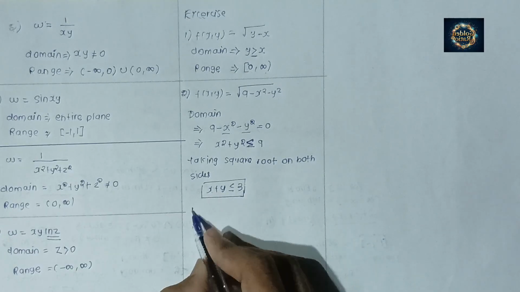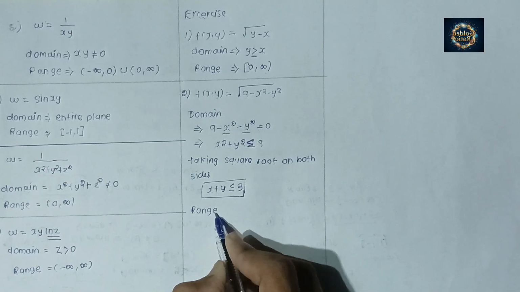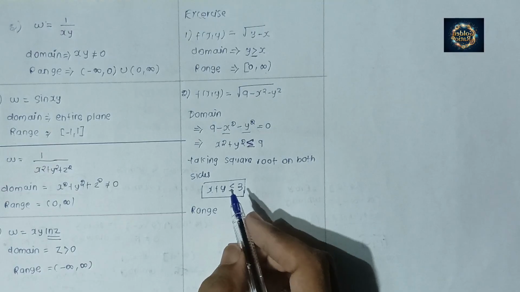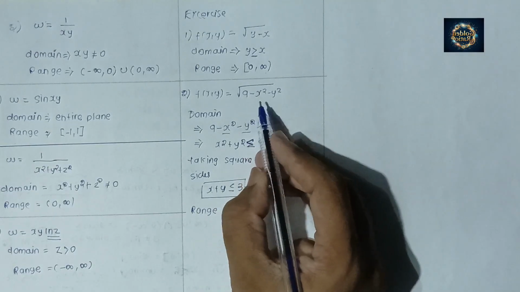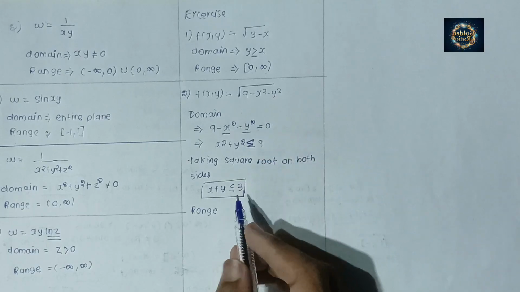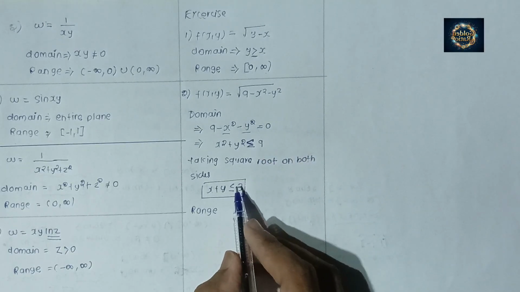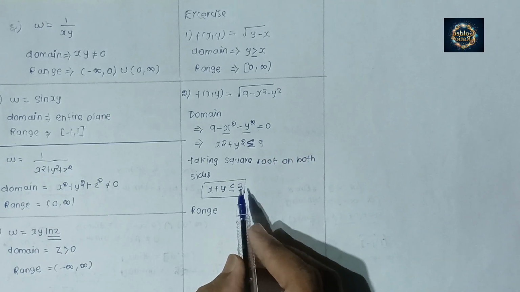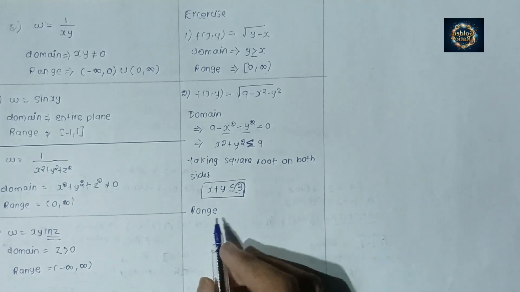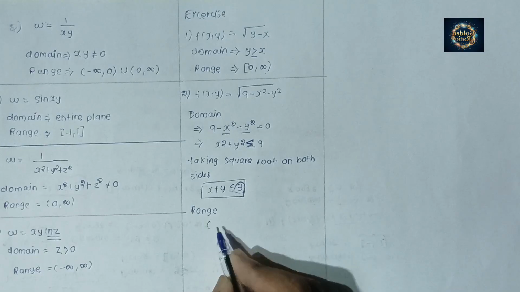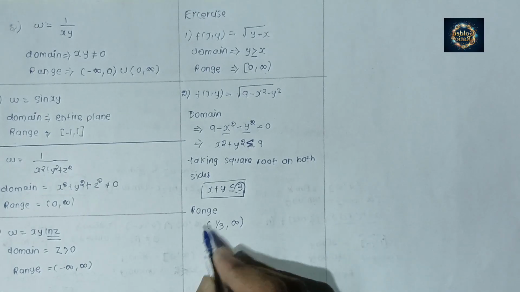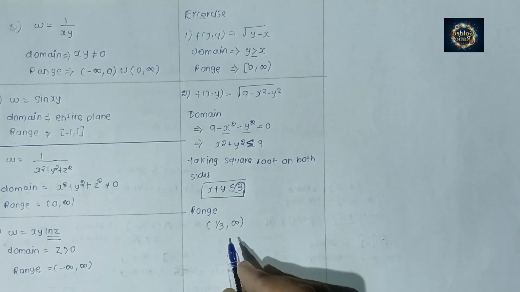So what will be the range? When a question of this kind arises, like the square root of a number minus other terms in x and y, the range always begins from the reciprocal of this value. So here the range will begin from 1 by 3 till infinity. A negative number is not possible, so the range will be this.